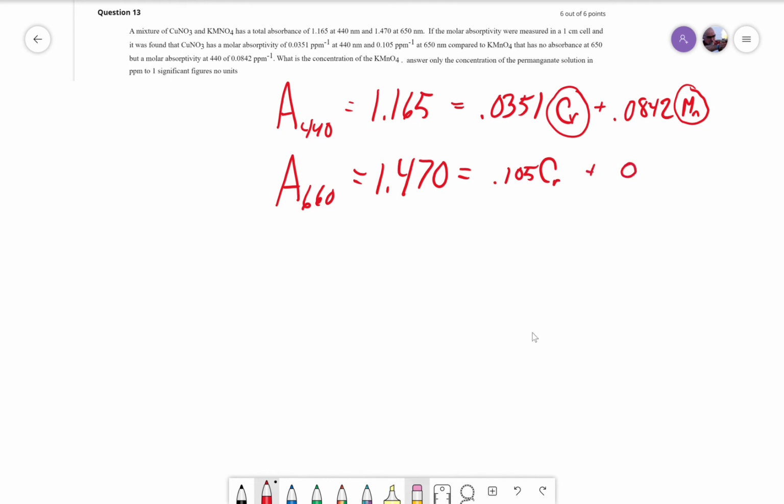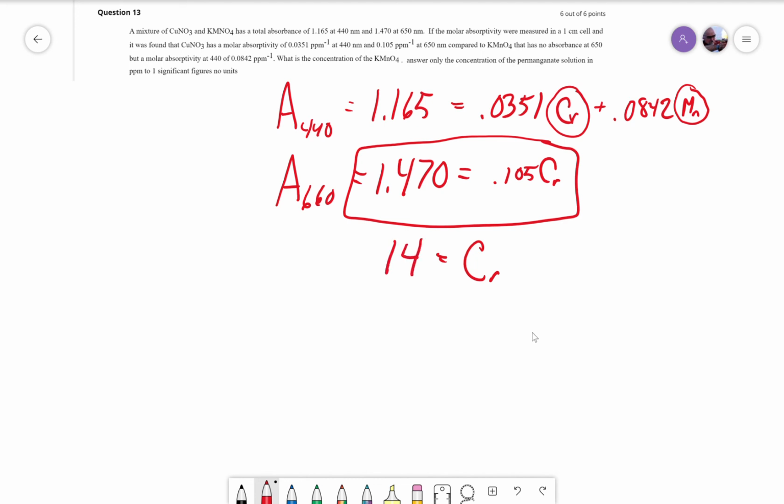That actually makes our life somewhat easier. That means, using this equation, we really can solve for the chromate concentration simply dividing both sides by 0.105. The chromate concentration is 14 ppm.